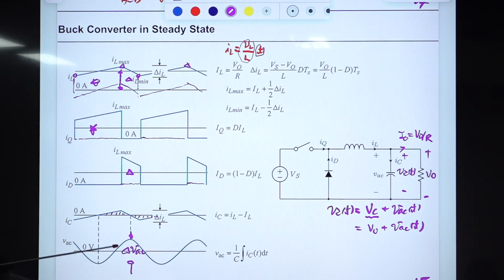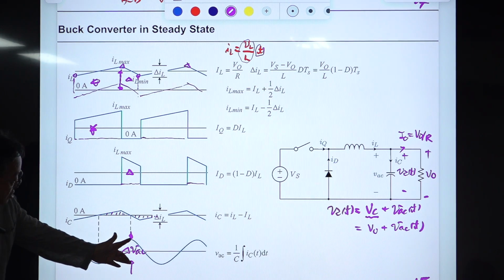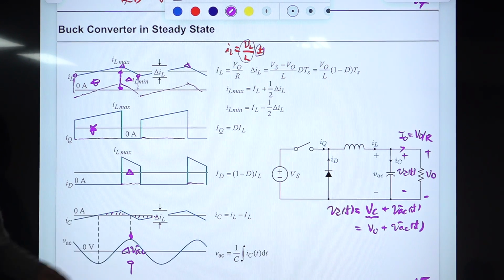What we are interested in is just this value. This is the magnitude of the ripple. Okay. So don't try to calculate this, or don't try to draw the exact waveform of this. That is unnecessary. You just catch this peak-to-peak value, which represents the AC component contained in the DC.